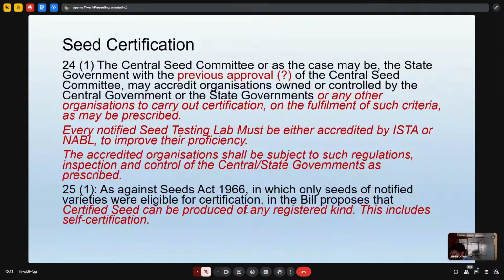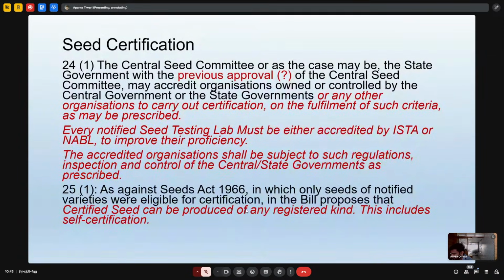Therefore, it should be made compulsory that these are accredited by ISTA or NABL, so that their proficiency is improved. The accredited organizations shall be subject to such regulations, inspection, and control of the central and state governments as prescribed. So as prescribed, there should be accreditation by ISTA or NABL.